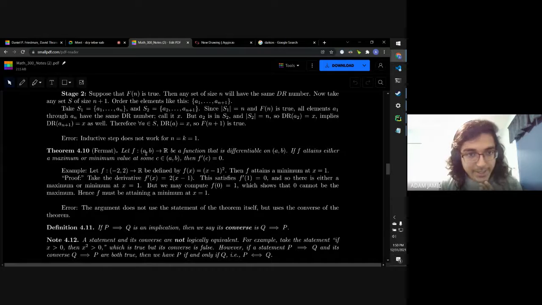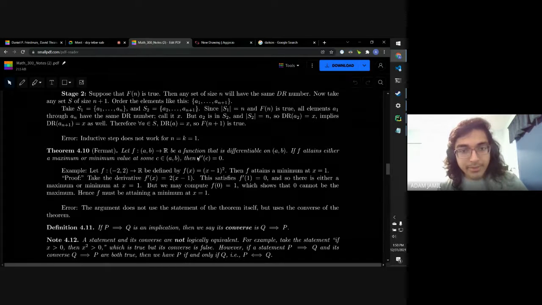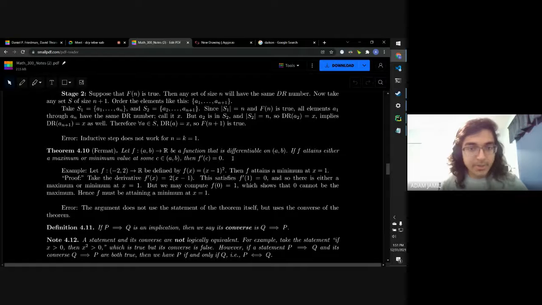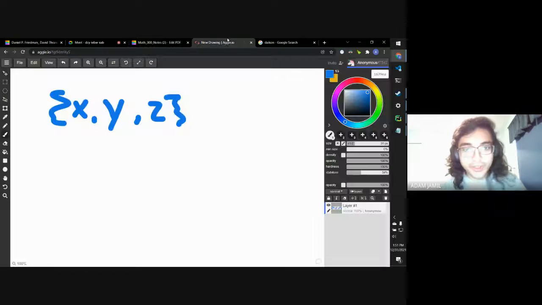Okay, so let's define f on an open interval (a, b) mapping to R, and it should be differentiable on (a, b). If f attains either a maximum or a minimum value at some point inside the interval, then the derivative there should be 0. We know that this is true, right? And you can think about it intuitively.